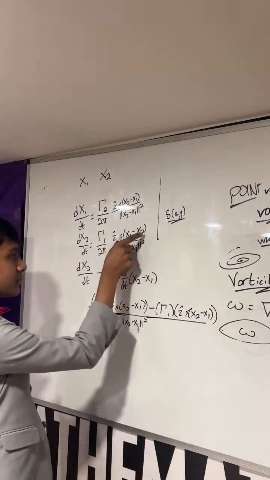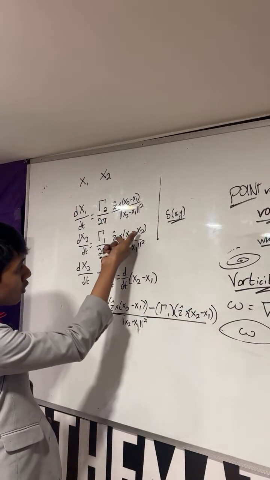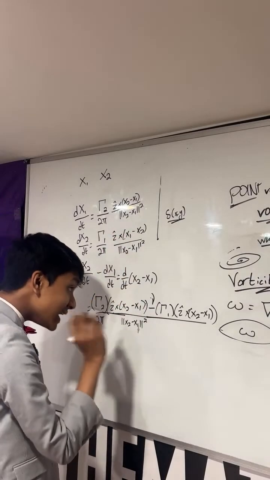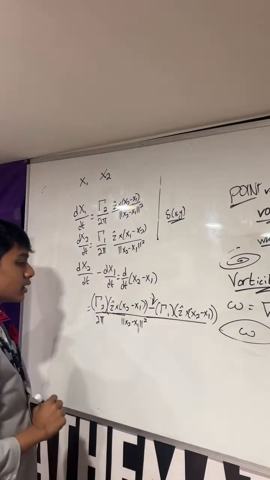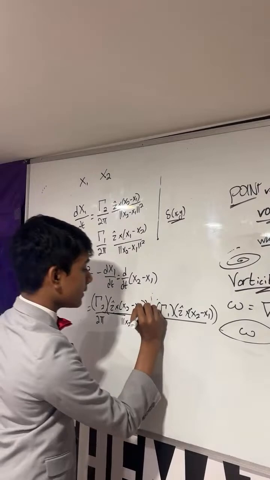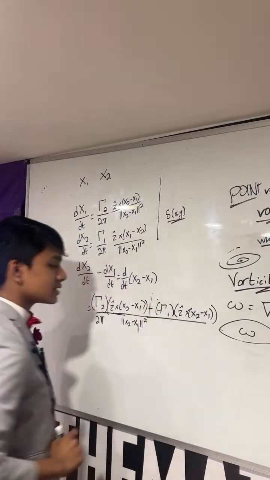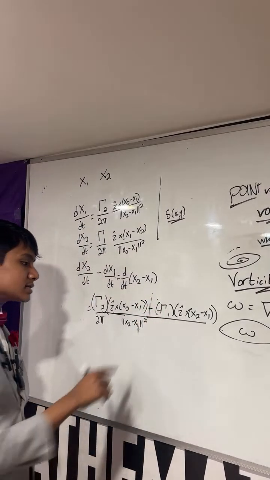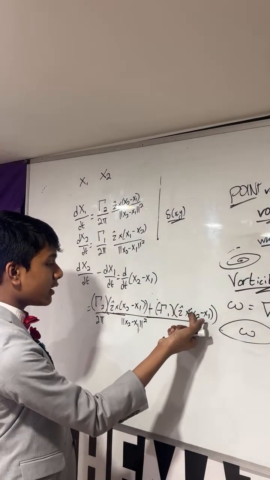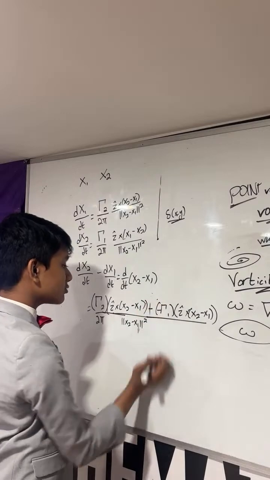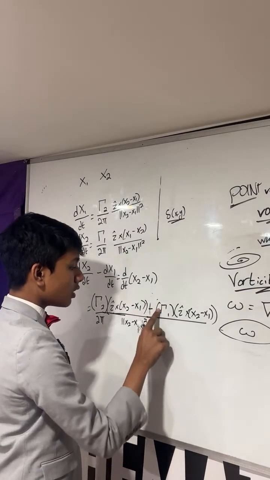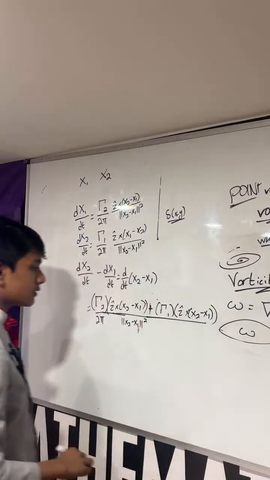I flipped the sign of this, so I made this x2 minus x1, and in exchange I made this a negative. Minus, minus: it becomes a positive.